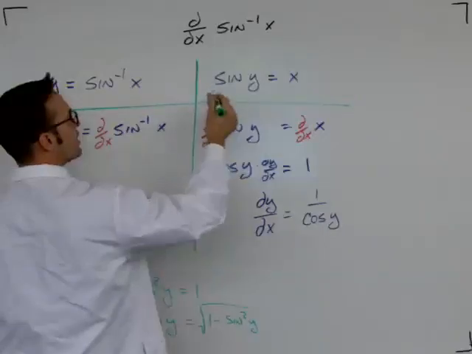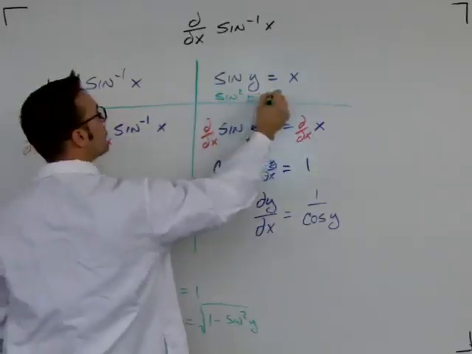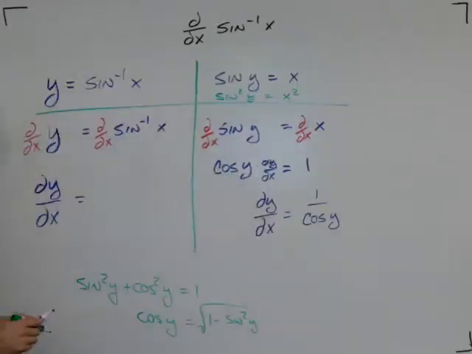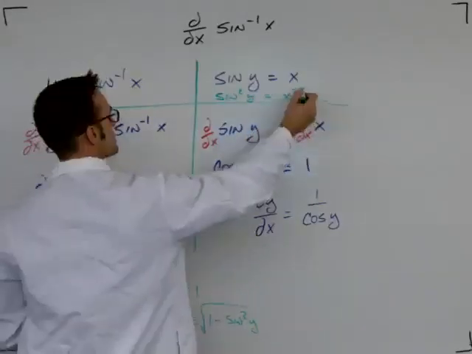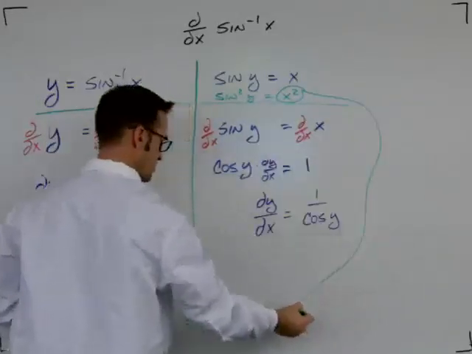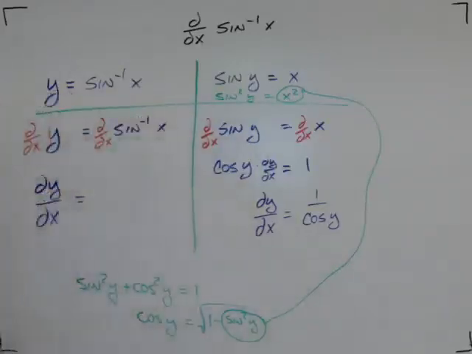What if I squared both sides here? Sine squared y would equal x squared. And it is that substitution that I could make, since sine squared y is equal to x squared. I actually have the derivative of y with respect to x.